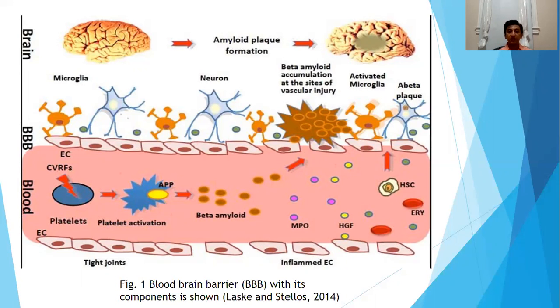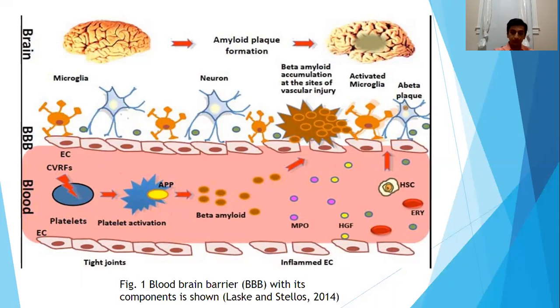These activated platelets eventually secrete amyloid precursor protein, APP, which is then cleaved to cytotoxic amyloid beta peptides. These alterations in blood-brain barrier function can lead to increased amyloid beta uptake and amyloid plaque formation in the brain.